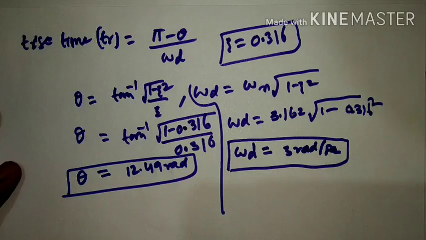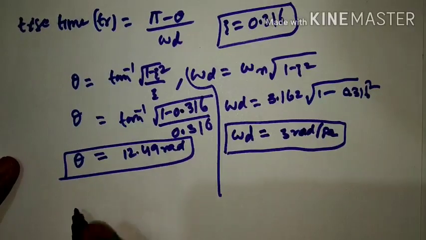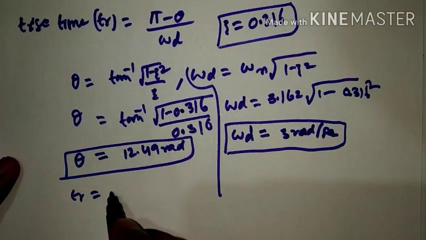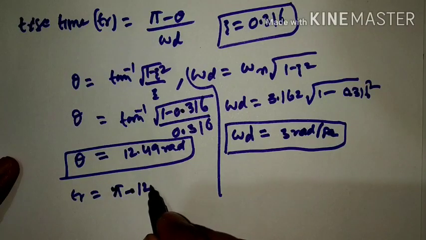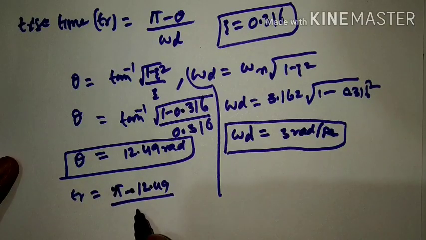Okay, so we substitute in the rise time equation. TR is equal to pi minus 1.249 by omega d.